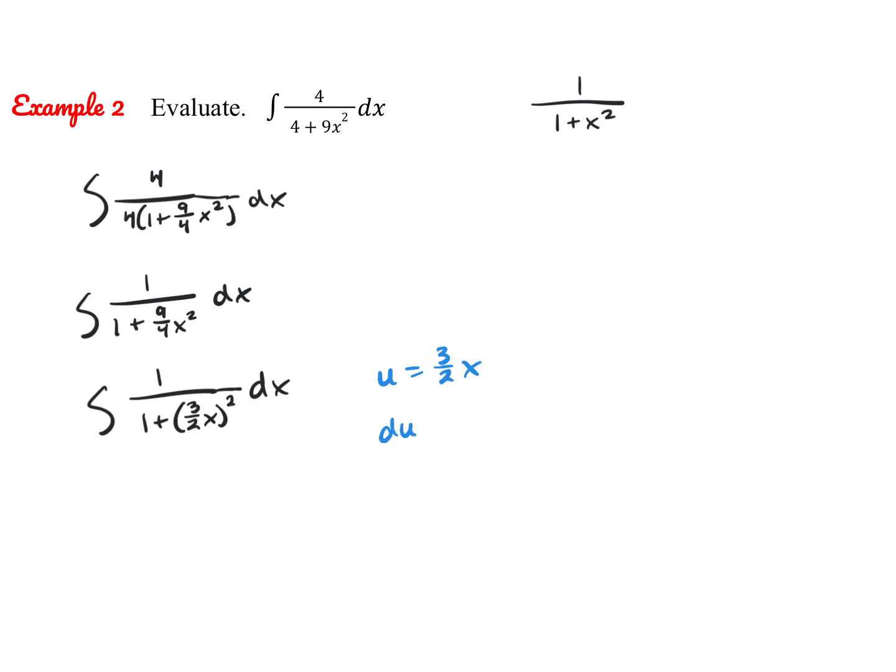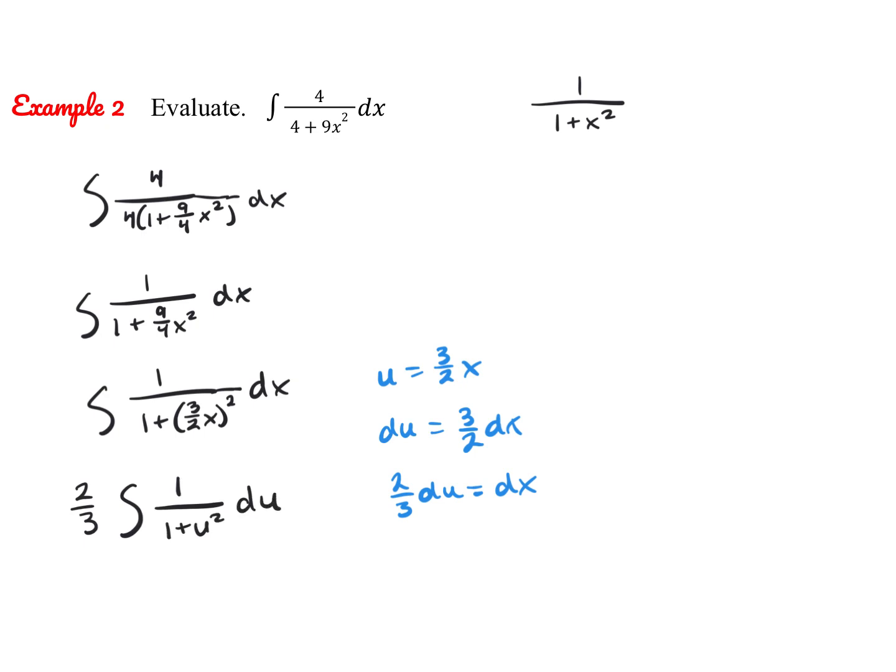So then du is just 3 over 2 dx, which of course we can just pull this out front when we substitute. And then that allows me to rewrite it in a form that I like. So I have 2/3 times the integral of 1 over 1 plus u squared du.